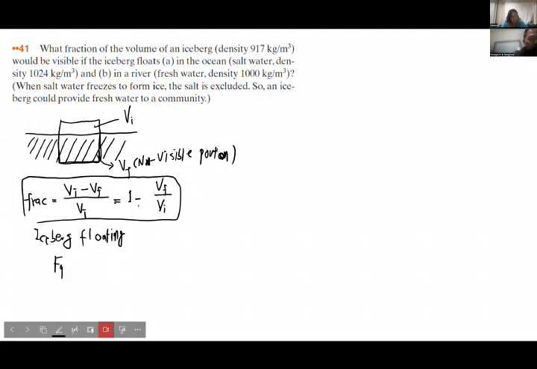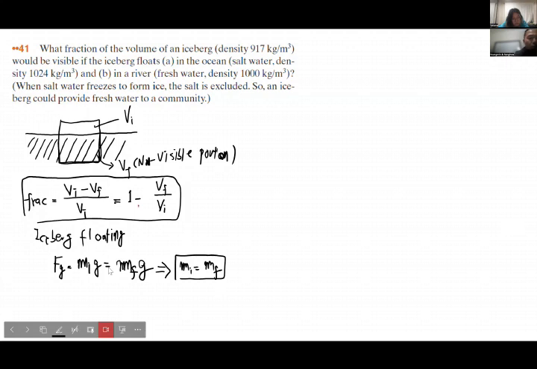So that should be Fg, which is mass of the iceberg times g, and that should be the same as the upward force out of the fluid, the liquid of the water. That should be m_f times g. So from that, the mass mi is the same as the mass of the submerged portion of this iceberg. So obviously the mass is density times volume.